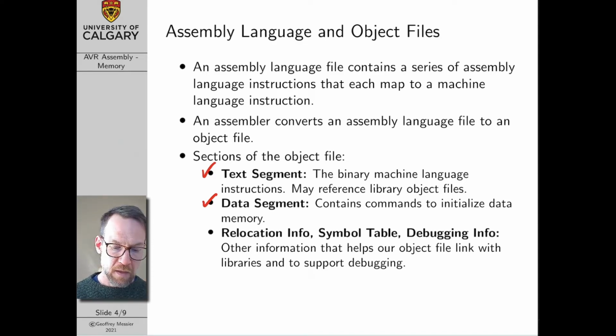And finally, object files have other information: relocation information, symbol tables, debugging information. This is useful for linking to other object files, for example, if we're calling library functions and things like that. However, we won't be getting into much of that in our discussion.